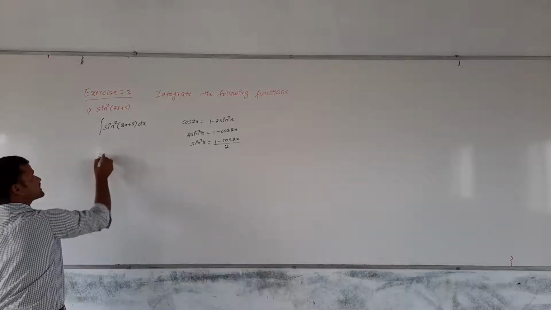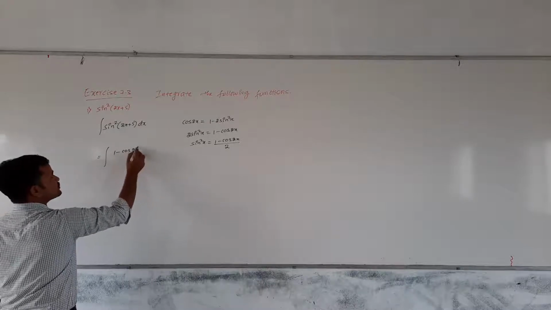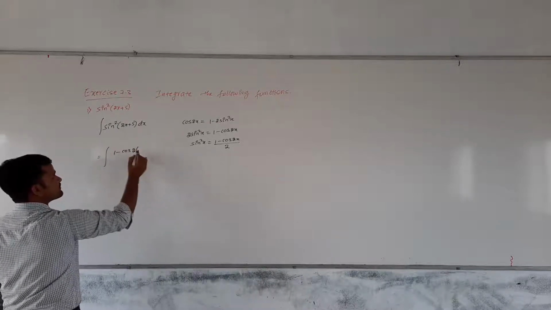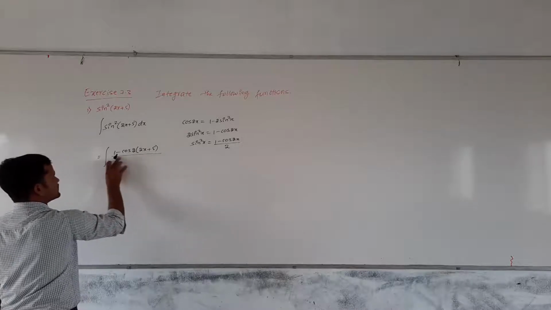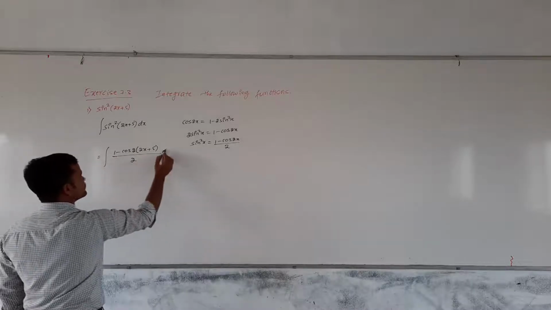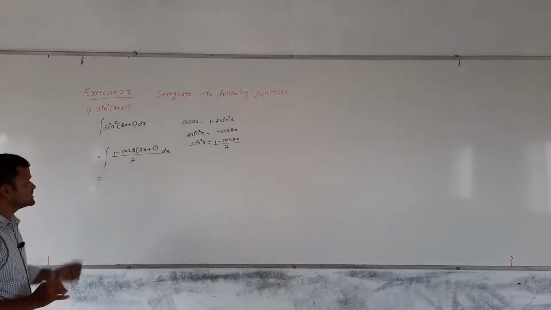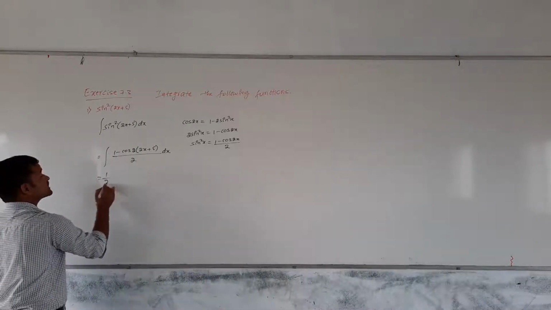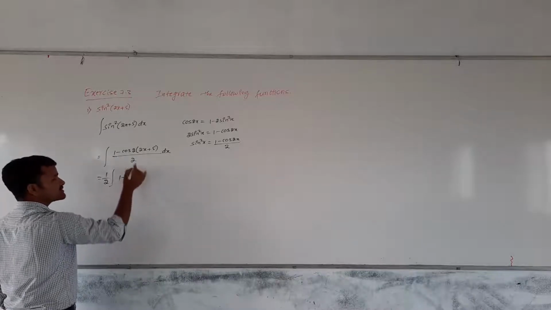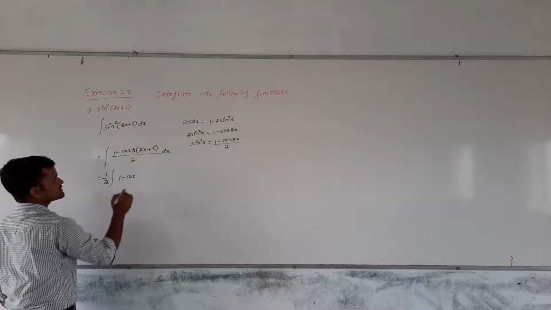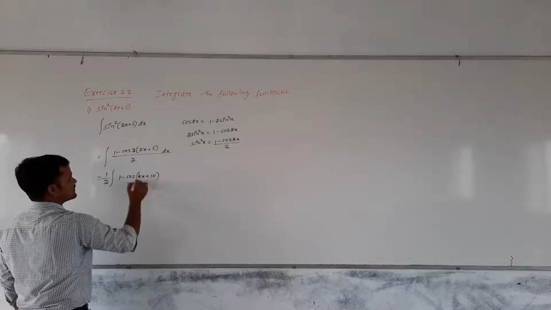Using that, I can write the integral as (1 minus cos of 2 into, in place of x, 2x plus 5) whole divided by 2 into dx, that will be as it is. 1 by 2 is a constant multiple, we can write it out of the integral: 1 by 2 into integral of 1 minus cos of 2 multiplied with these two terms, this is 4x plus 10.